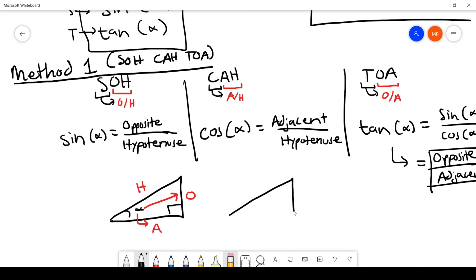And if you were to have a different triangle in which your alpha was up here and everything else was the same, hypotenuse would still remain the same, but the opposite would be the side length directly across, and now the adjacent is the opposing side.